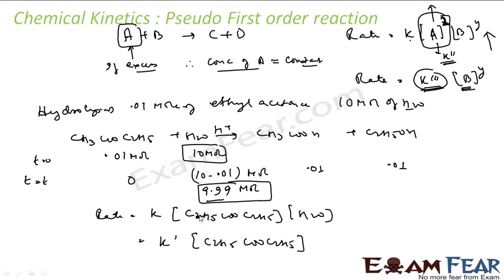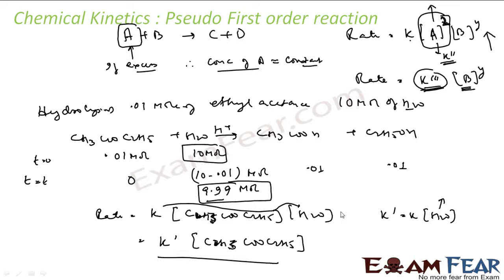Sorry, CH3 here. Anyway, that doesn't make a difference. What I'm trying to explain is that this is gone because it is a constant, where k dash is nothing but k times [H2O]. This is constant. This is almost 10.